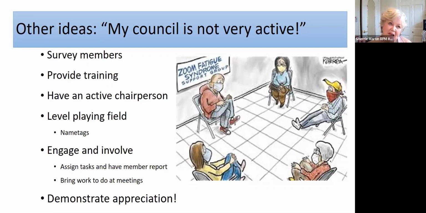Some members, I would say the parent members, may feel intimidated because the other people in the room are school staff or community members that are professionals. They might have professional looking name tags and the parents don't. So if everybody had the same name tag, that might help level the playing field a little bit. Engaging them and involving them.